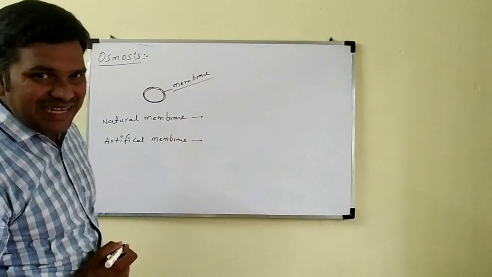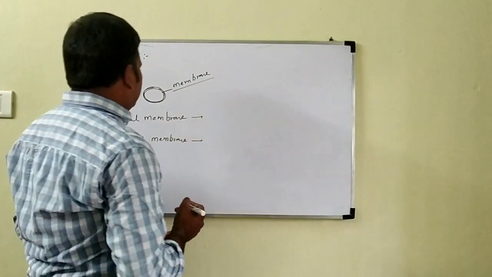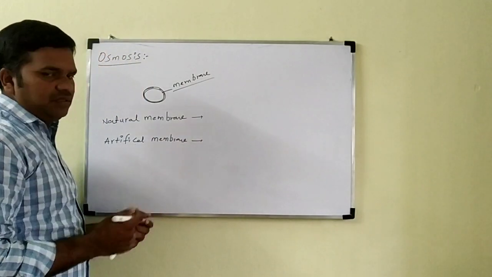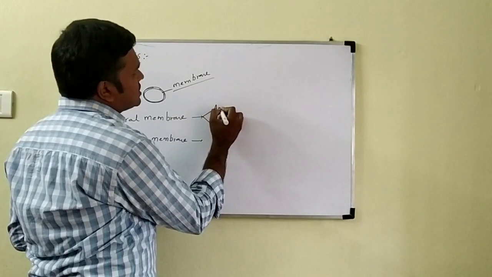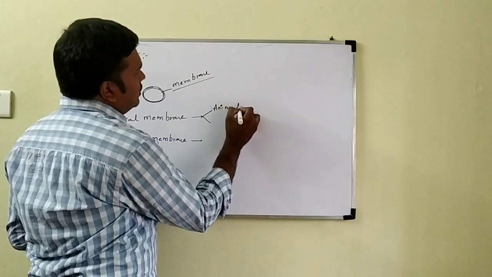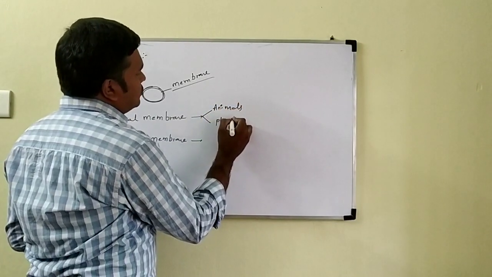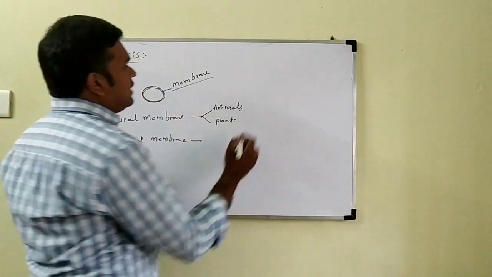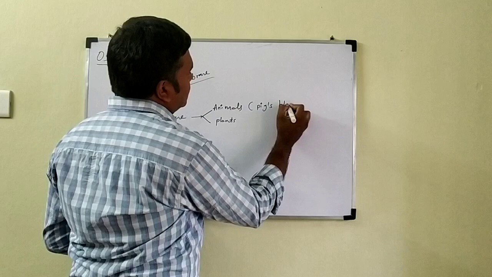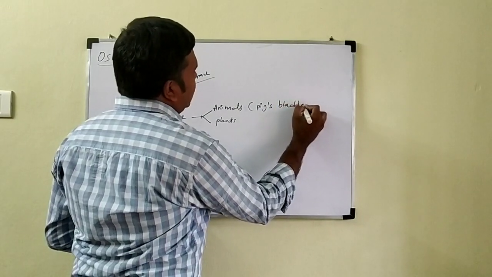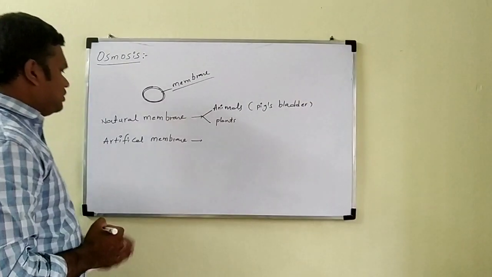The best example of a natural membrane is the pig's bladder, which we can use as a membrane.